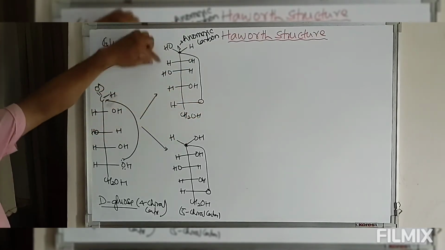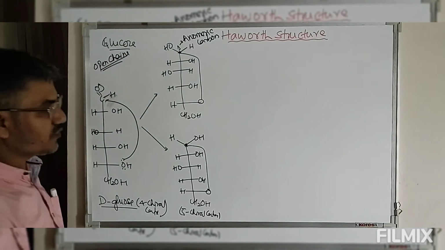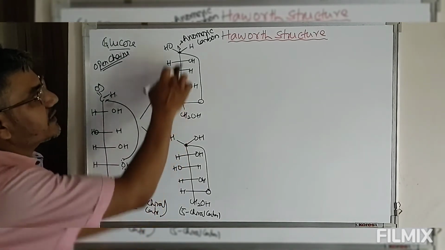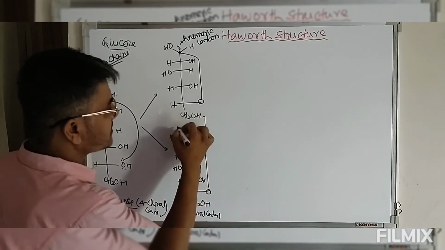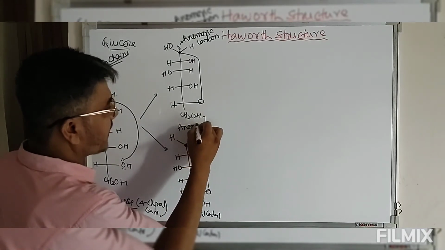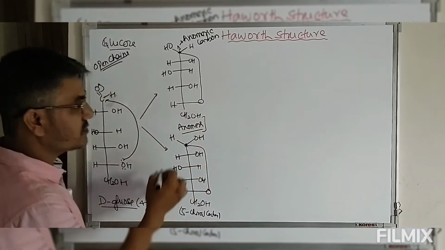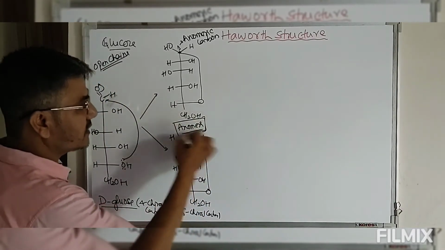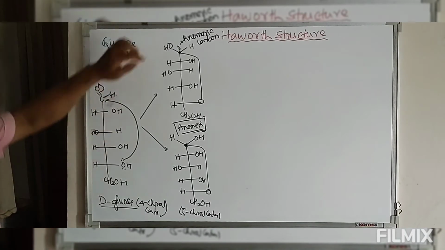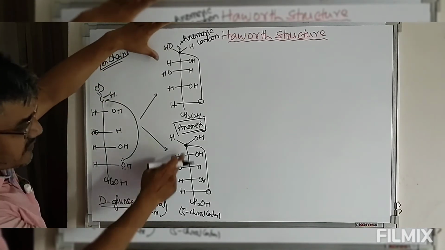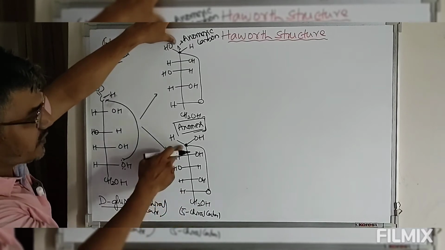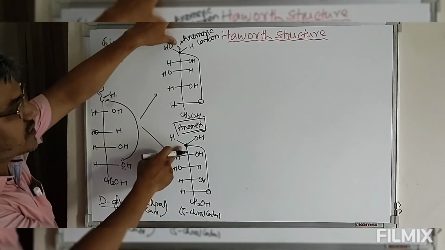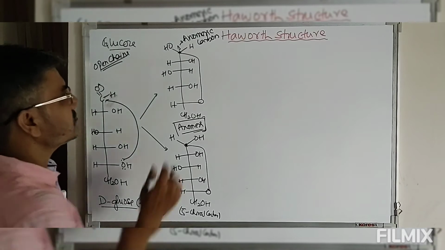Now these two isomers, in which the configuration at the anomeric carbon is different, are known as anomers. So anomers are isomers which differ in the configuration of the anomeric carbon. Look at this. In the rest of the chiral centers, the configuration is exactly identical, but the only difference is in the anomeric carbon. So these two isomers are known as anomers.